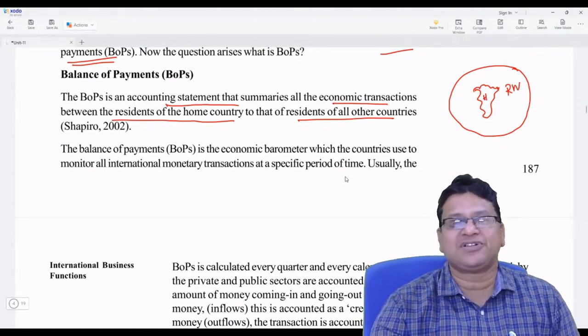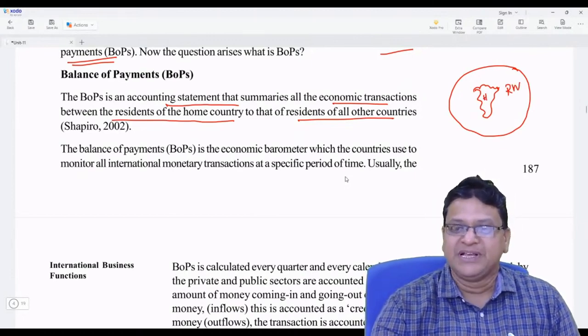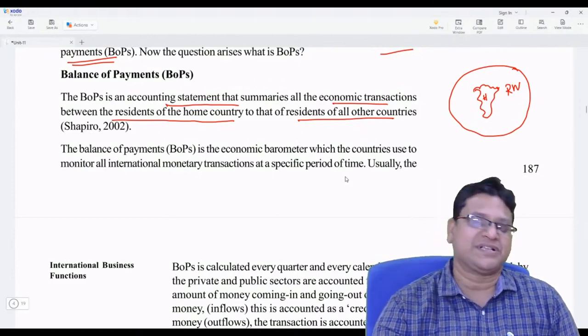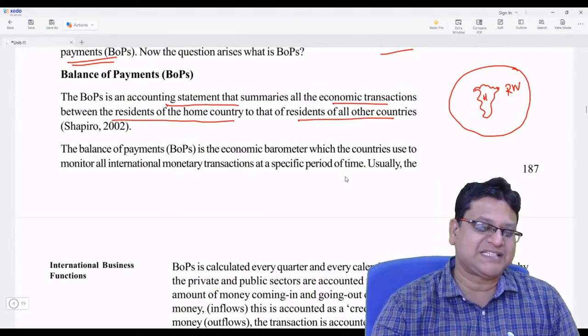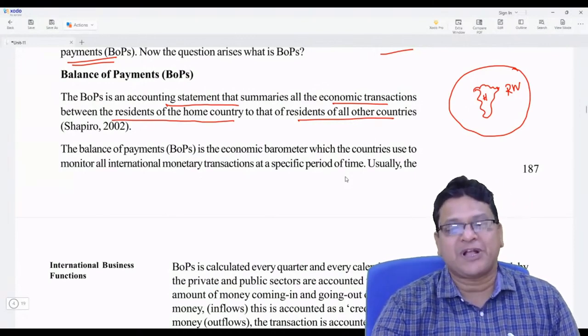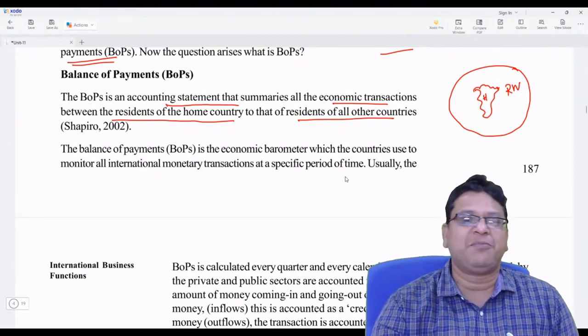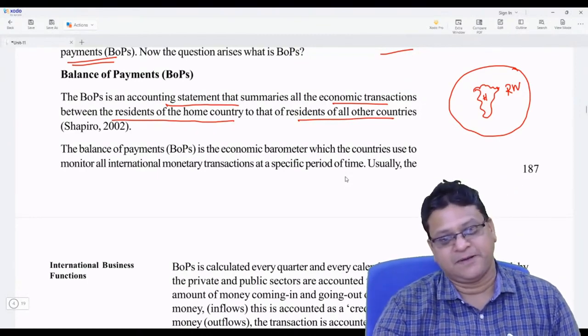BOP records the transactions made between residents of the home country and residents of the rest of the world, or all other countries. So BOP is a statistical record of a country's economic transactions occurring during a particular period of time.